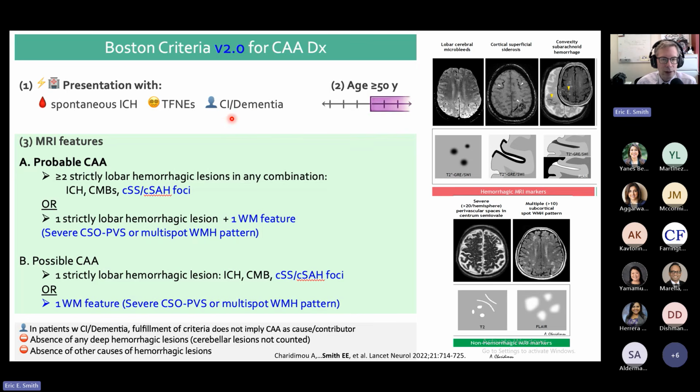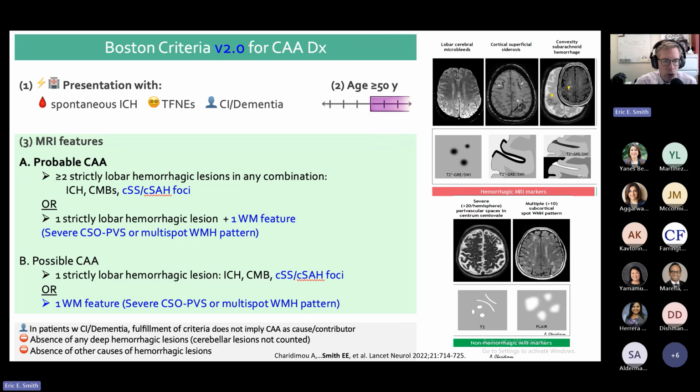So you have a compatible clinical syndrome, a compatible age, and then MRI features that support that CAA is present, which means 2 or more strictly lobar hemorrhagic lesions in any combination. And by hemorrhagic lesion, we mean intracerebral hemorrhages, microbleeds, cortical superficial siderosis, or convexity subarachnoid hemorrhages.